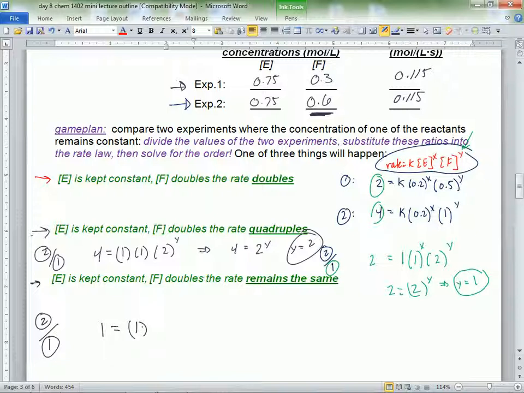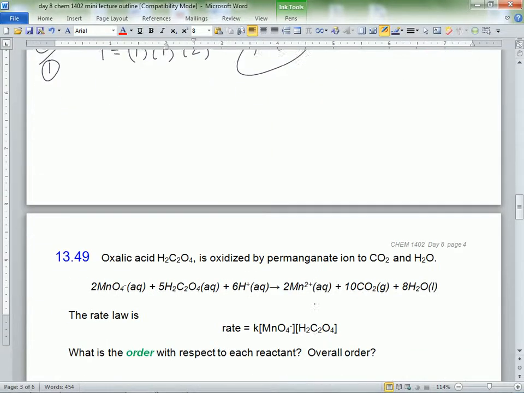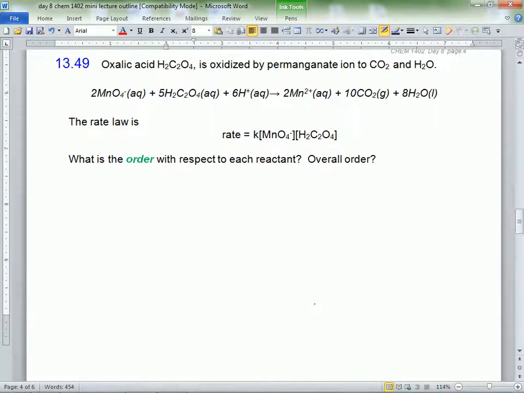Divide the two concentrations of E, 0.75 by 0.75, 1. And 0.6 divided by 0.3, raised to the y. So my y has to be 0. Right? Okay.